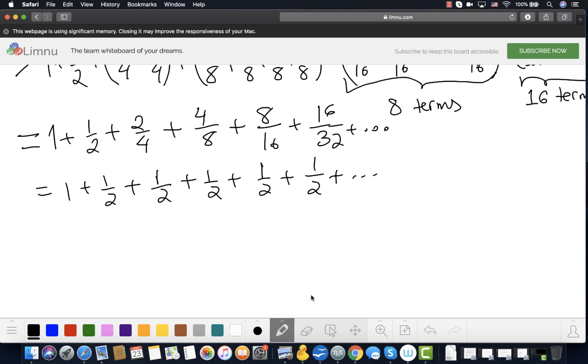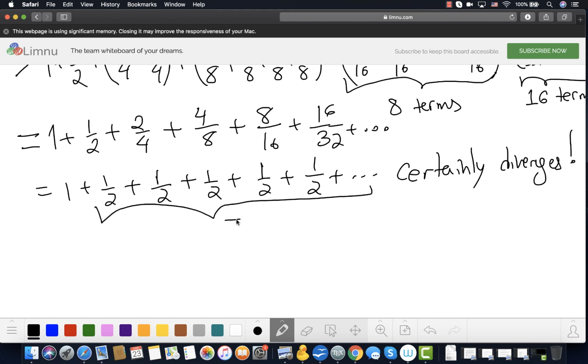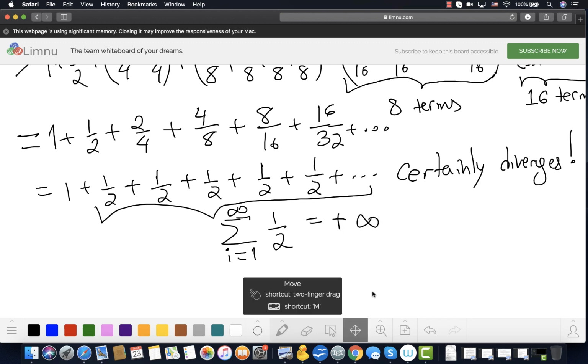This diverges, certainly diverges, because I keep adding 1/2. This portion here is just the sum from i goes from 1 to infinity of 1/2. So I'm just adding a bunch of 1/2s. And this is infinity. Okay, so that's it.